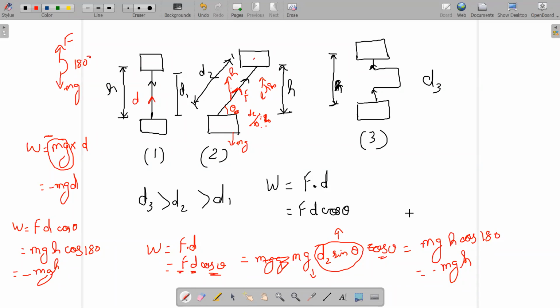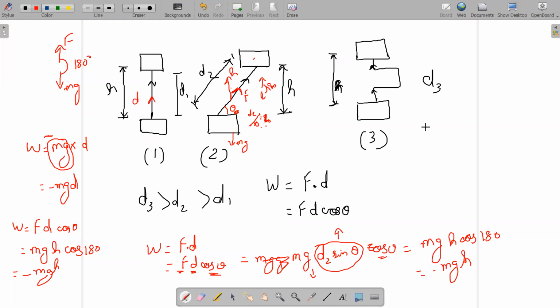Sir, if we take friction and all into consideration, then what will be the work done, sir? So if you are considering friction, then the distance in all these cases will matter for us, because if you are reducing the distance, then the amount of friction acting on the block will decrease, right?